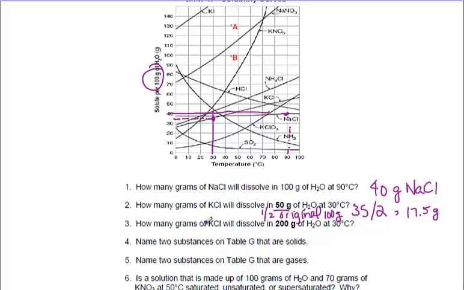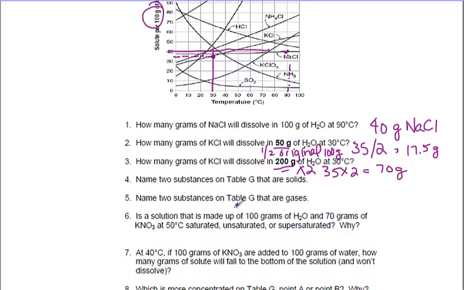Now it says how many grams of KCl will dissolve in 200 grams. This is why it's bolded, guys, because this is all based on 100. Now 200 grams is double, so whatever our answer is from the graph, we have to double. It's at 30 degrees, same as number 2, so it's 35 grams in 100 grams. But here we're talking about 200 grams, so we multiply 35 by 2 and get 70 grams.